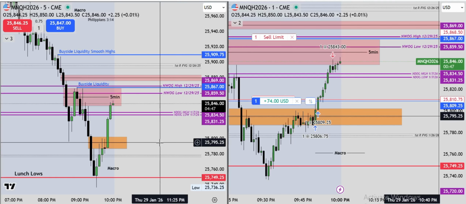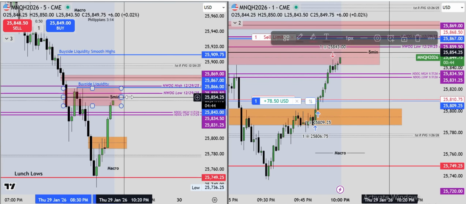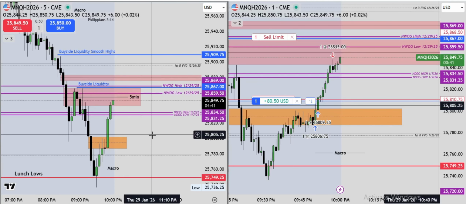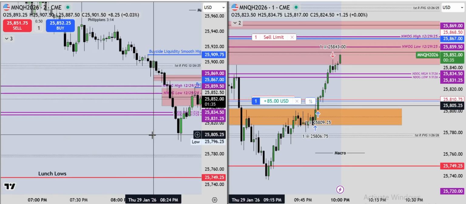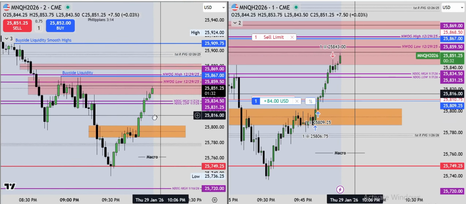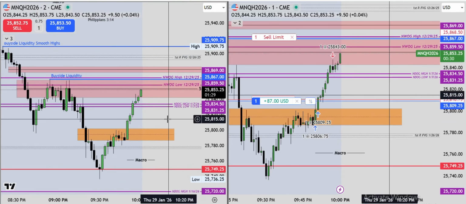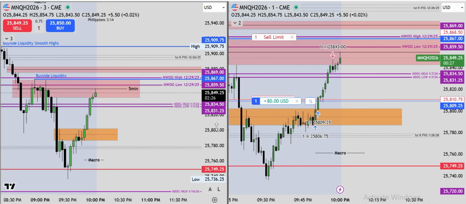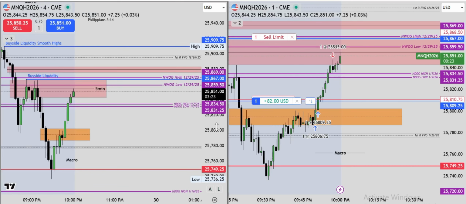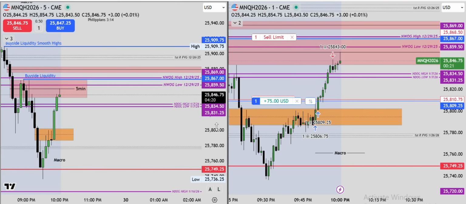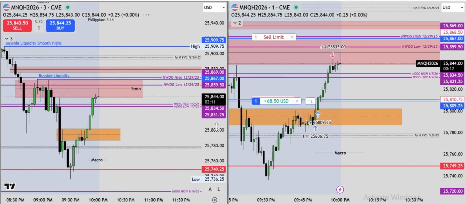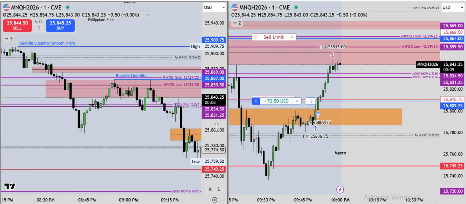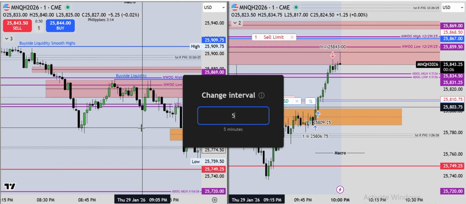All right, I like how we're starting to push in this 5 minute fair value gap that I have labeled up there. I'm checking some of the other lower time frames to see if there's any PD array that price may want to revisit. So far so good.